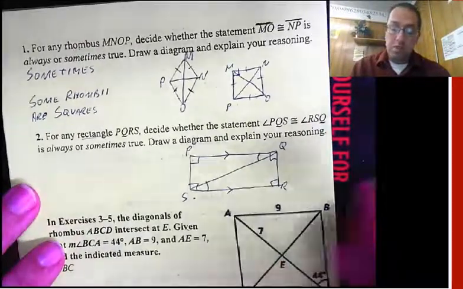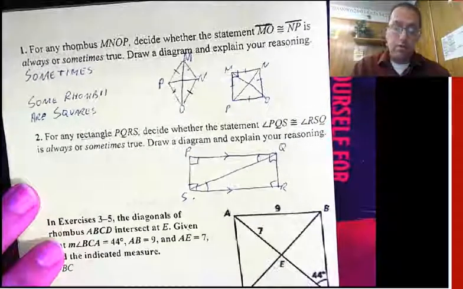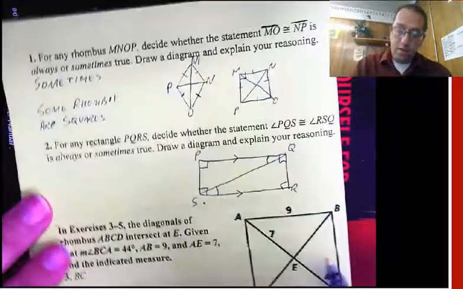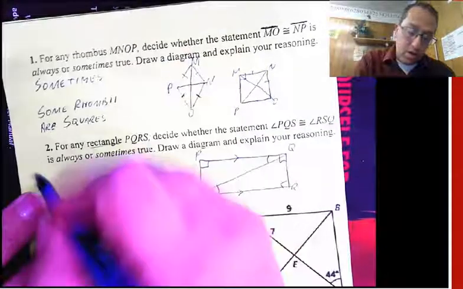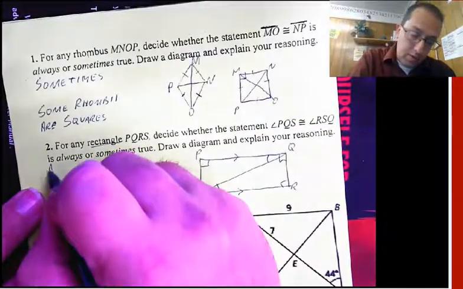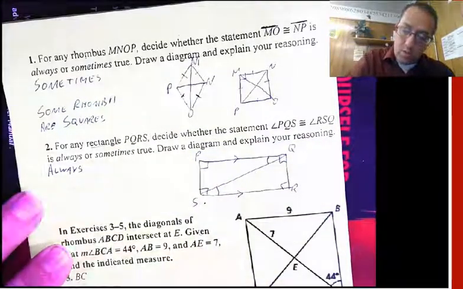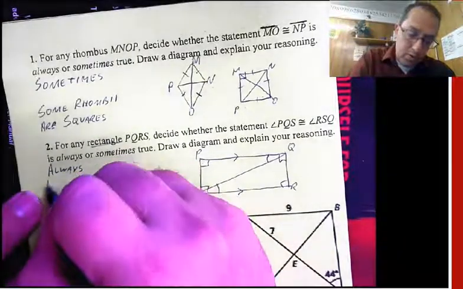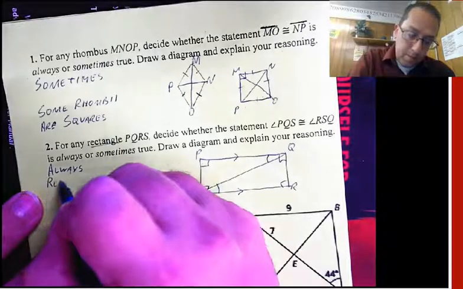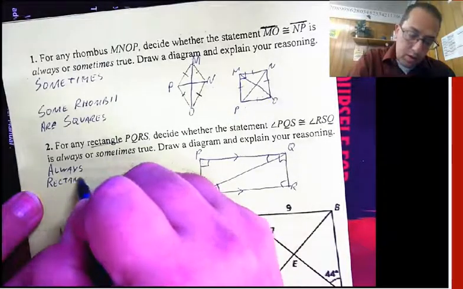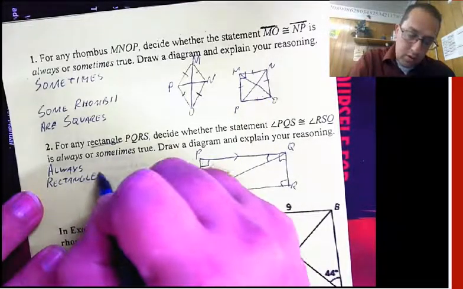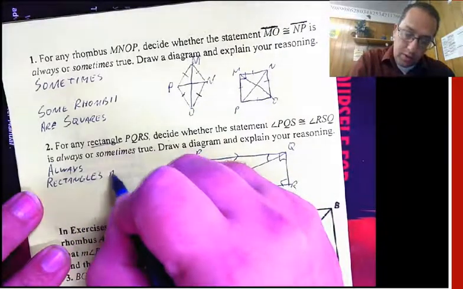So this doesn't matter if it's a square or not. This is going to be true for every rectangle. In fact, this would be true for any parallelogram at all. So this is going to be always true. Why? Because rectangles are parallelograms.